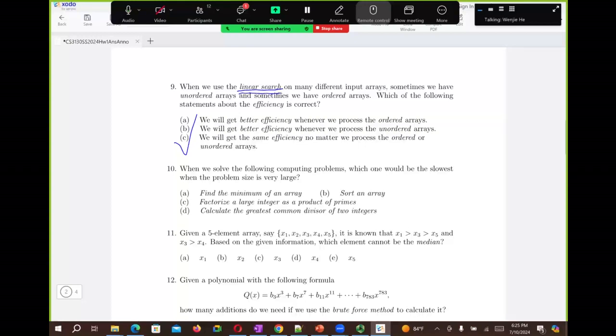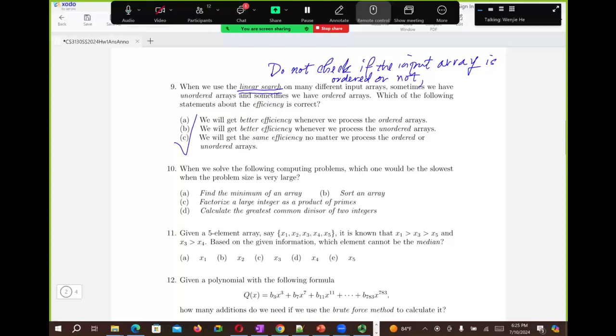In your code, you do not check if the input array is ordered or not.